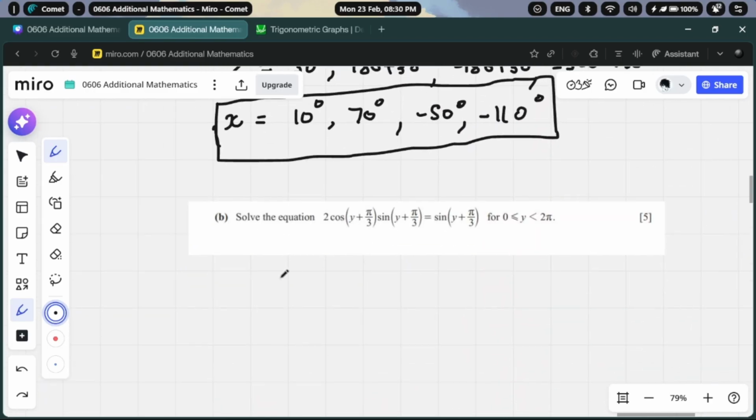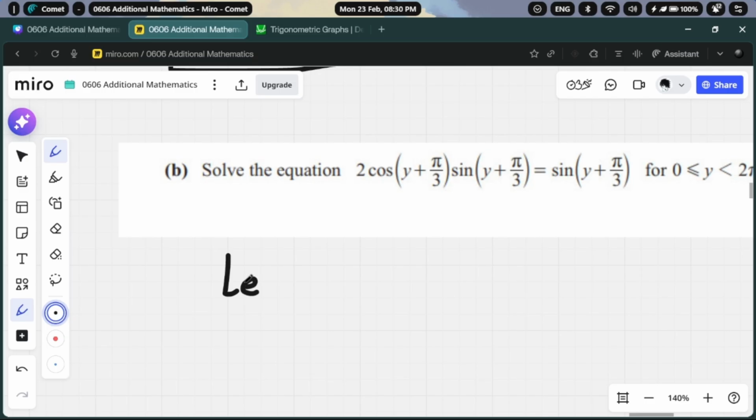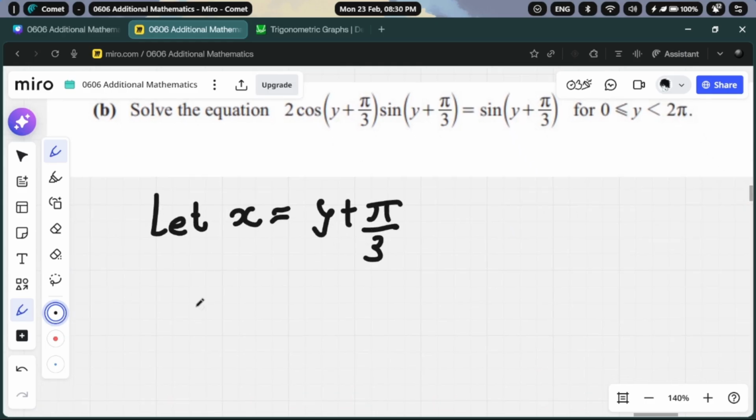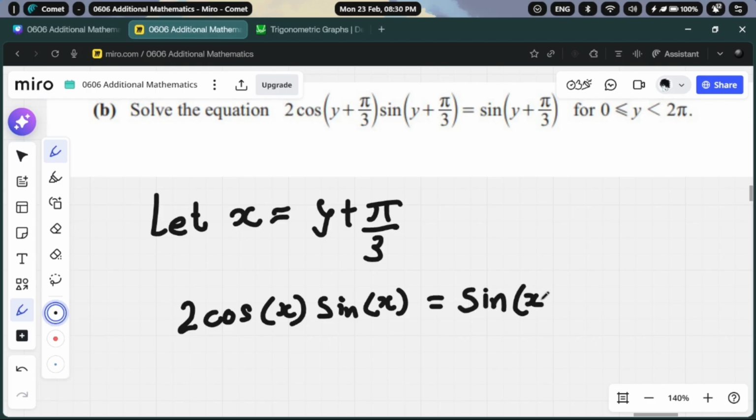So let's start off with that so that it makes a bit more sense. So let x equal y plus pi over 3. So you get 2 cosine x times sine x is equal to sine x.